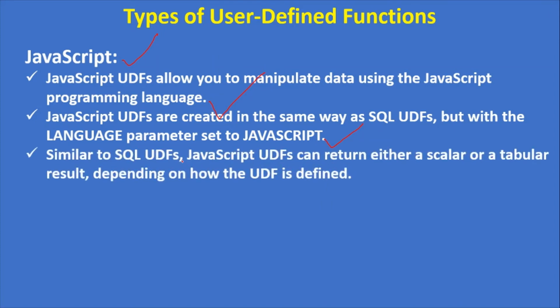Similar to SQL UDFs, JavaScript UDFs can return either a scalar or a tabular result depending on how the UDF is defined. Now let me explain what the scalar and tabular results are. By default, any UDF is a scalar, returning at most one row consisting of a single value or column. That is called scalar.